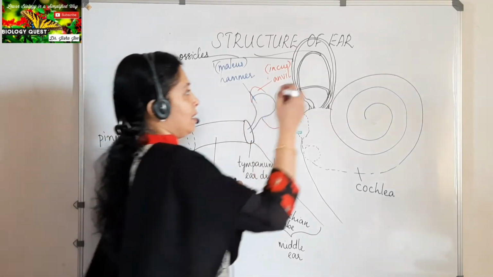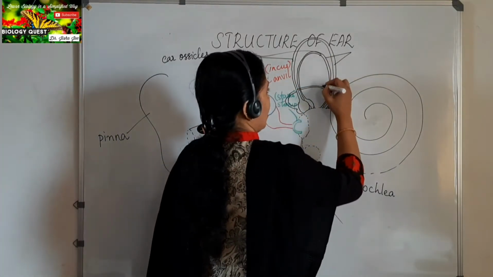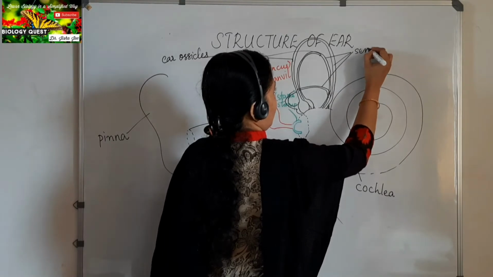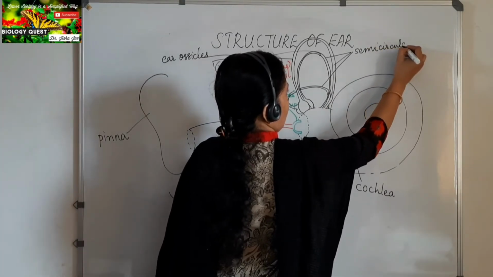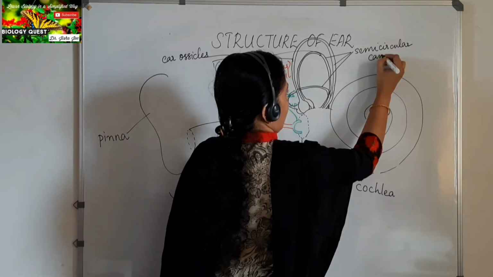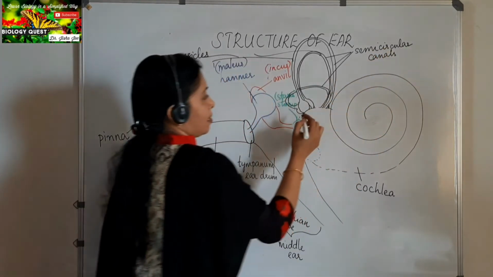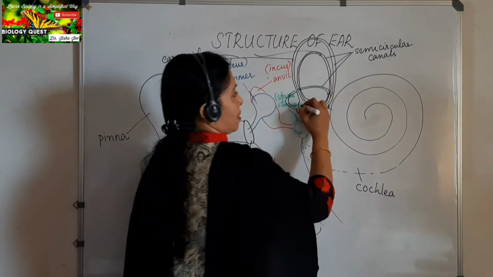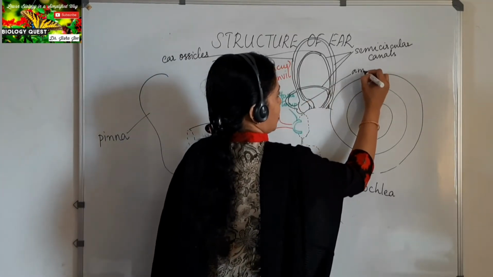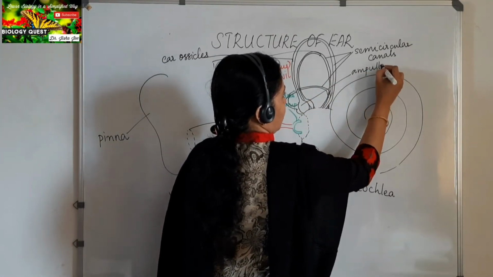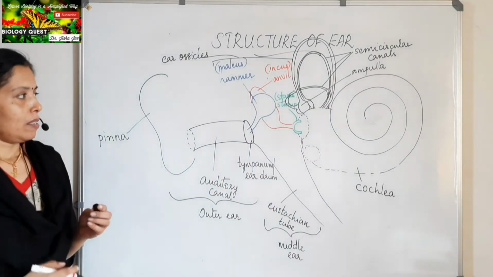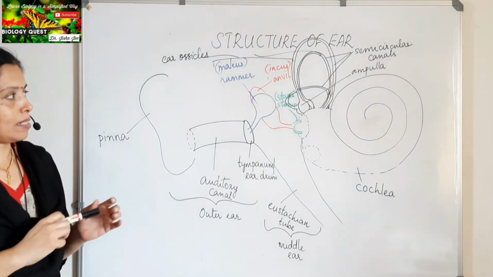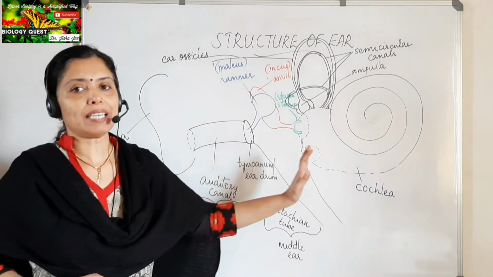These are the 3 semicircular canals, and this expanded portion of the semicircular canal is called the ampulla. Okay, so this is the structure of the ear.